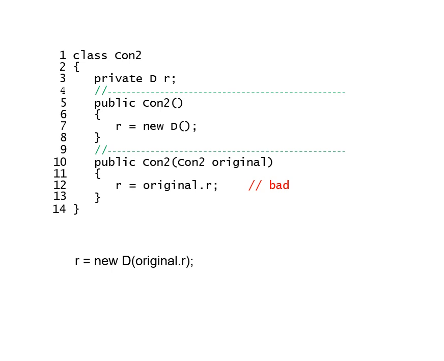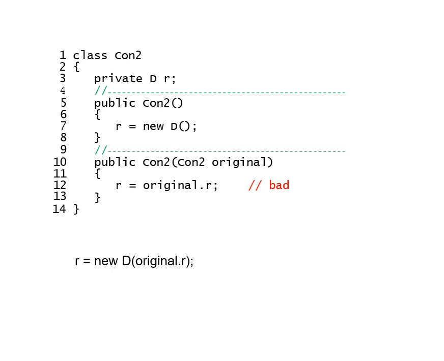And there you have the correct modification to line 12 at the bottom of this slide. R equals new D parentheses original.r. Okay, now I will admit this is confusing, but it's not that bad if you just think it through very, very carefully, right? We're creating a new object and we're passing it a pointer to the one in the original thing.